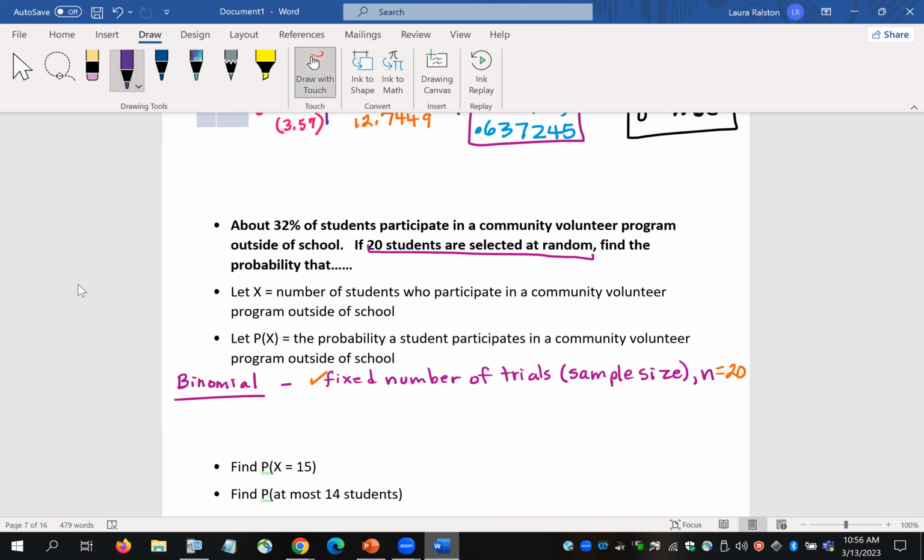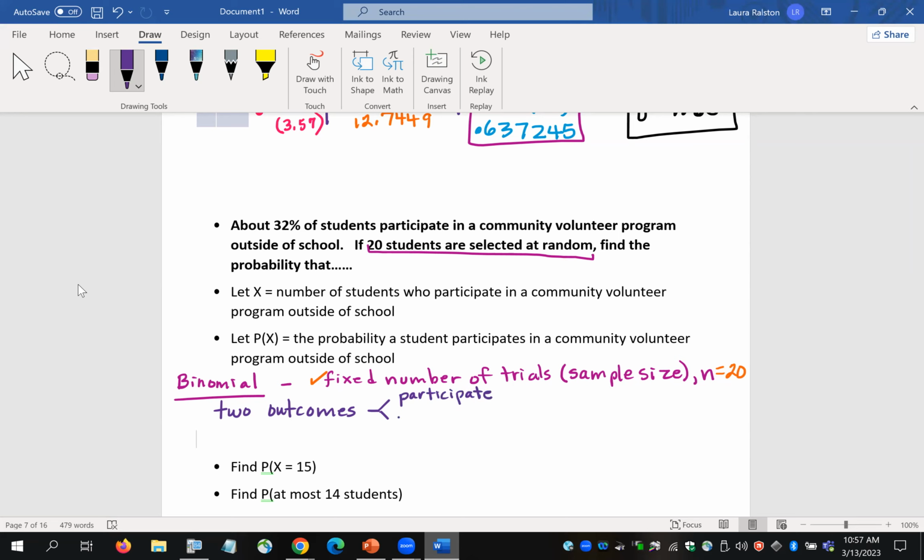The second condition is that you have 2 outcomes. It may not be as obvious to you, but there are 2 outcomes here, because one outcome is that they participate in the program.